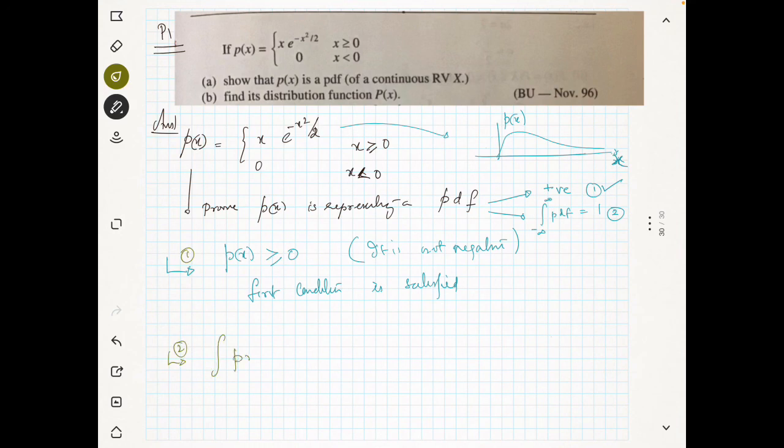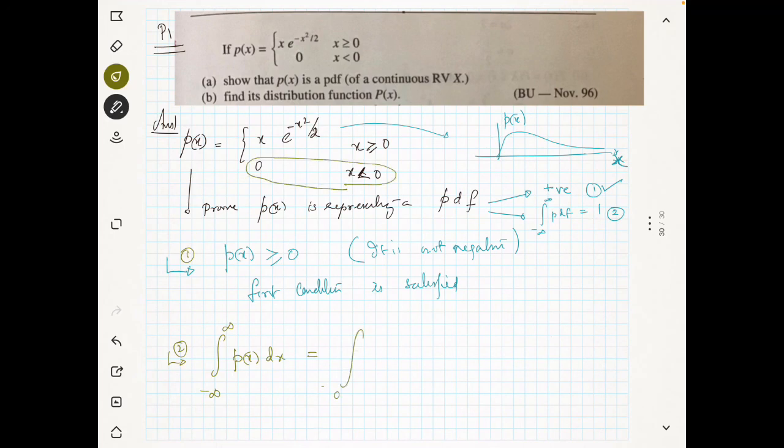We will integrate this p of x and see what the area is. If the area is less than 1 or greater than 1, it is not a PDF. So the integral from minus infinity to 0 of p of x dx has nothing, so I can write this integral only from 0 to infinity, because for x less than 0, the value of p of x is 0.